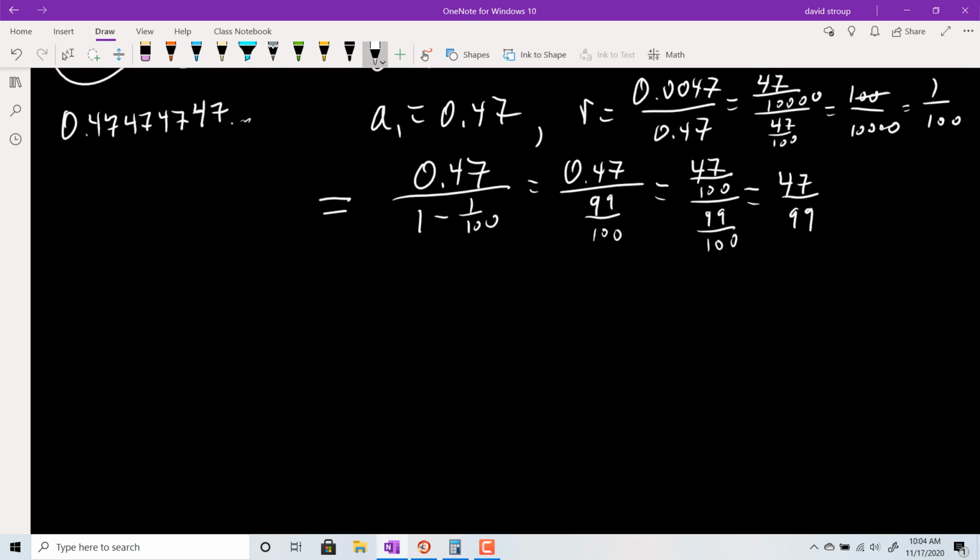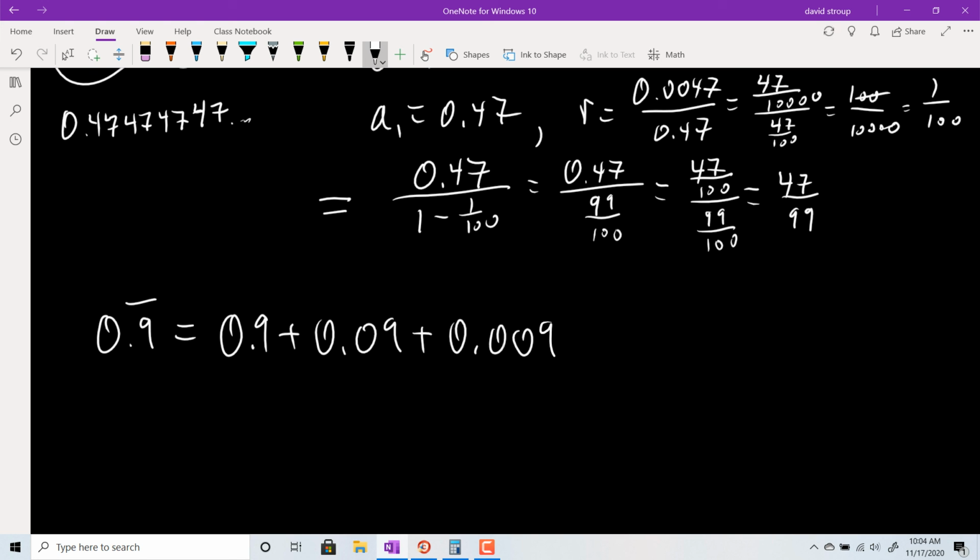So there's going to be weird phenomena occurring. For example, 0.9 repeating. Okay, what is that? Well, that's 0.9 plus 0.09 plus 0.009 plus and so on, which is equal to, well, we could figure that out, right? So a sub 1 is 9/10, and then our r value is 0.09 all over 0.9.